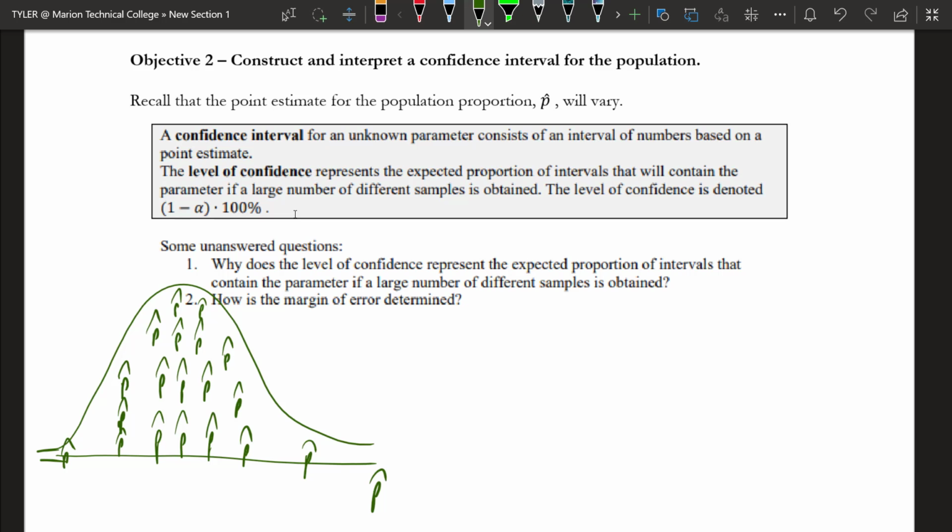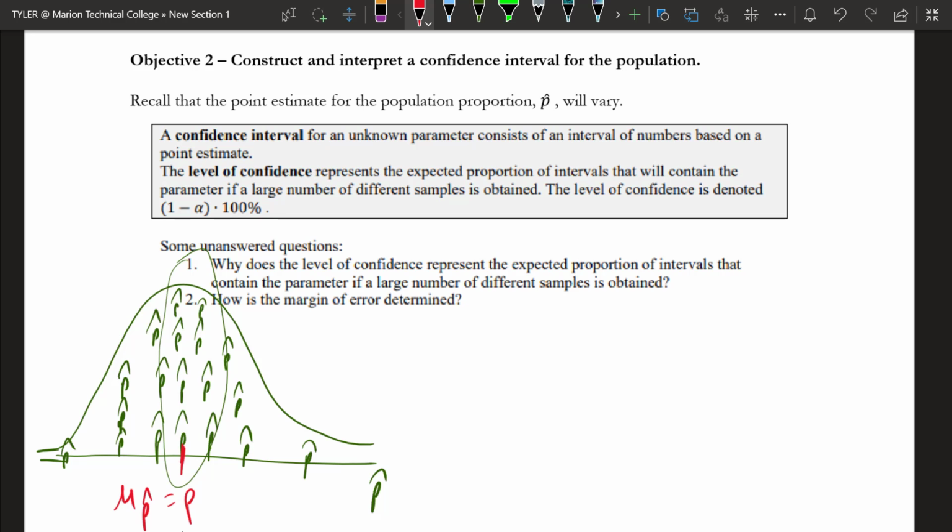It's more likely to have a p hat that's close to the mean, which is p. Right in the center of this, remember we looked at the mean of the distribution of p hats is equal to p. So that's one thing we need to remember: p hat will vary in the distribution of p hats. The center is going to be p, which is what we're trying to find.